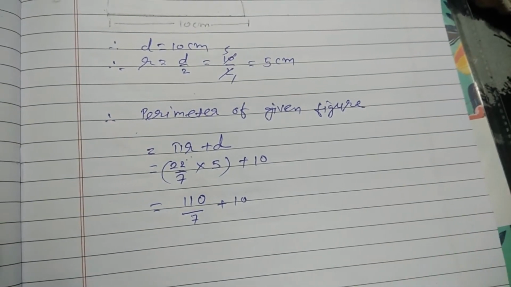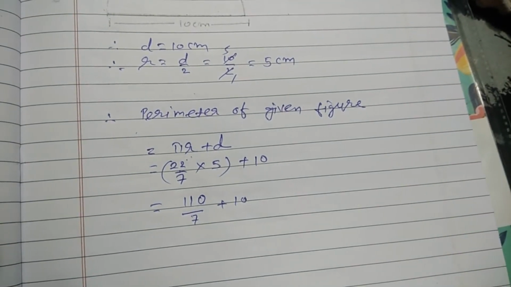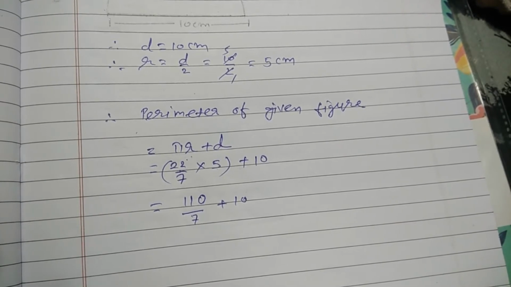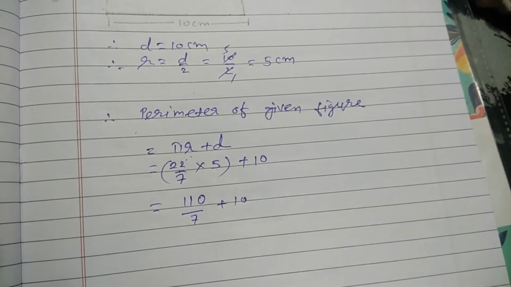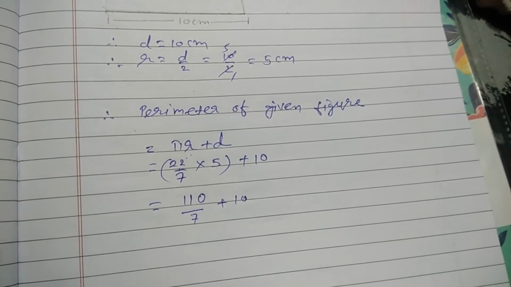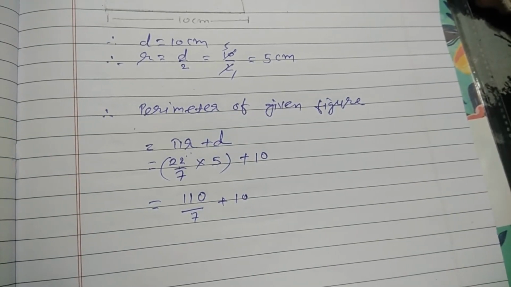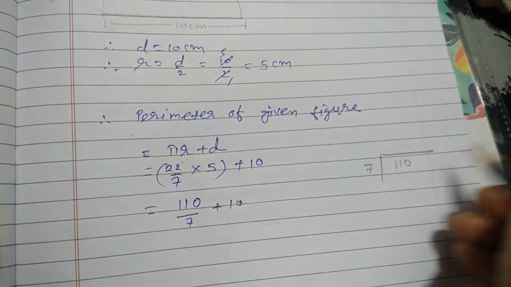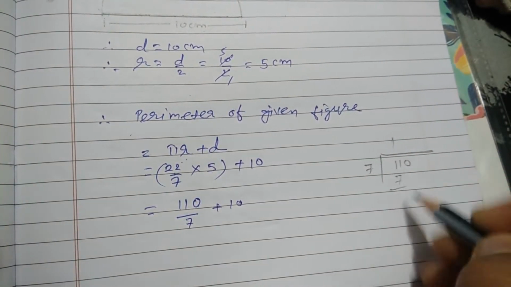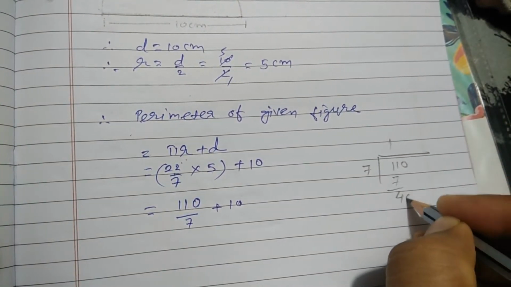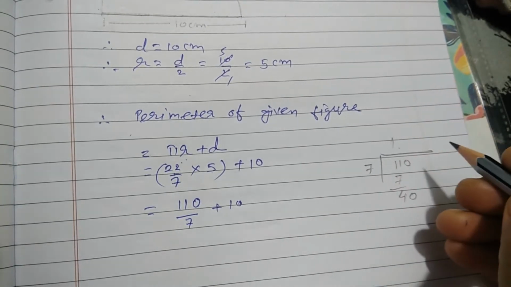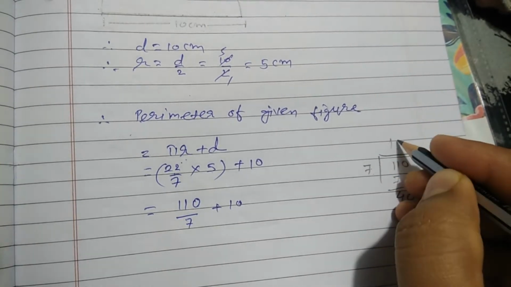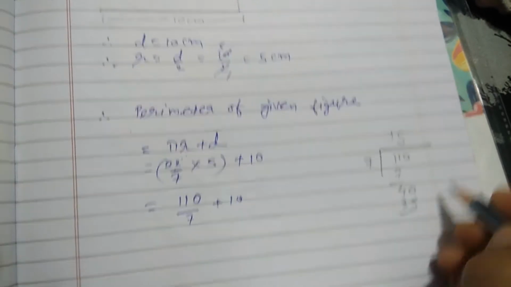So here we will do the division. 110 divided by 7. 7 ones are 7, 11 minus 7, that is 4, 0 will come, 7 5s are 35.